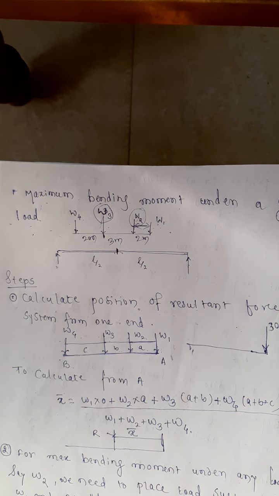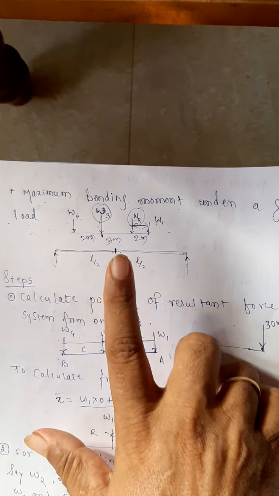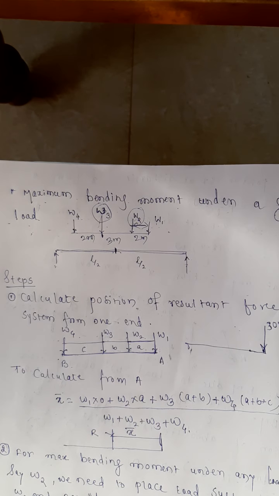Then get the midway between the load under which you want the maximum bending moment and the resultant load. And whatever midpoint is there, that is to be fixed at the midpoint of the beam to get the maximum bending moment under the given load. Most probably when I solve a problem related to that one, you will get the clear picture of that.